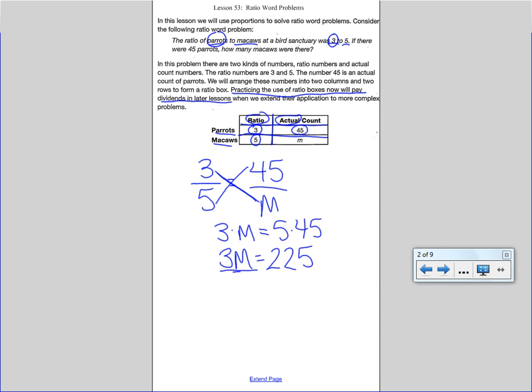So I'm going to divide 3 on both sides to get it to cancel, and what I do to one side, I must always do to the other. So then on the left side, all I have left is m, and that's equal to 75, which I will label macaws. Final answer. Okay?